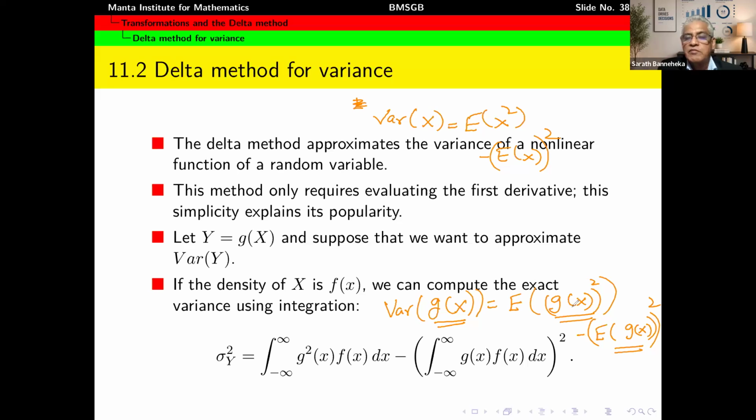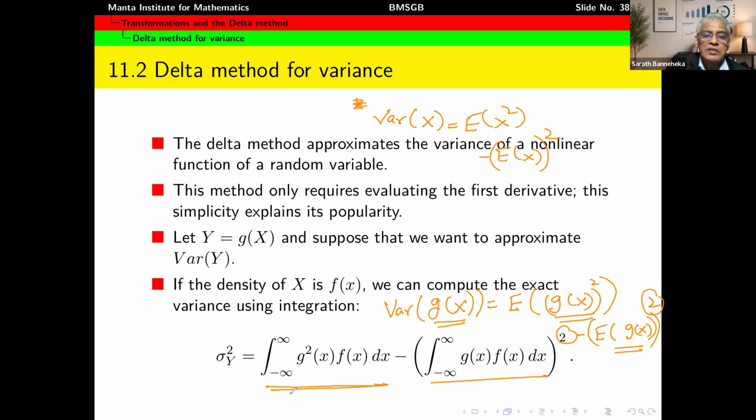So therefore, the expected value of g(x) squared can be obtained from this expression. g squared of x is the same as g(x) whole thing squared times the density function of x. That will give you this part. And this part, of course, is given by g(x) times f(x) dx, and then we need the square term here. So this is the expression that we'll have to simplify if we have to get the variance of g(x) exactly.